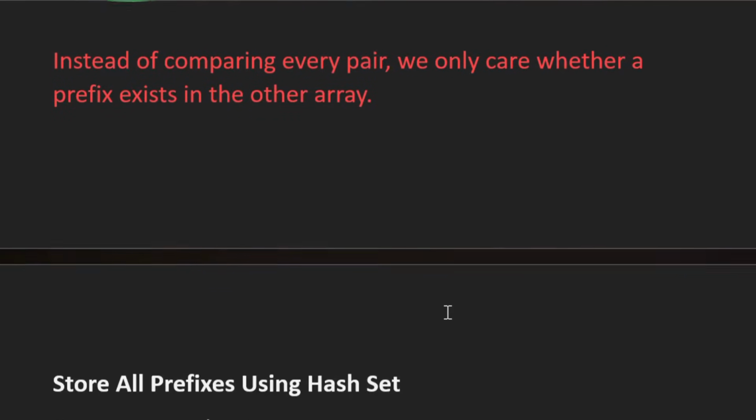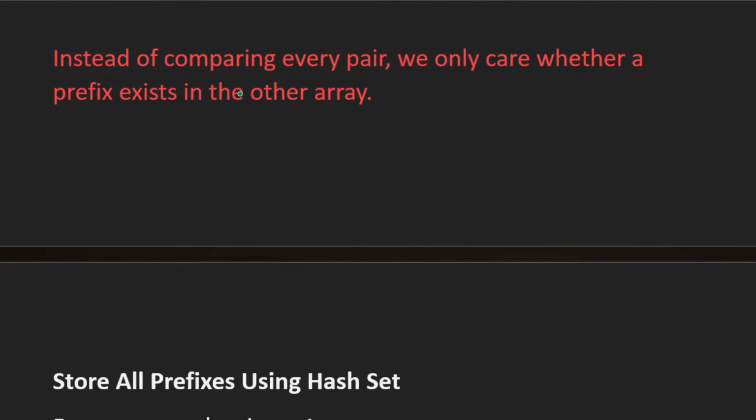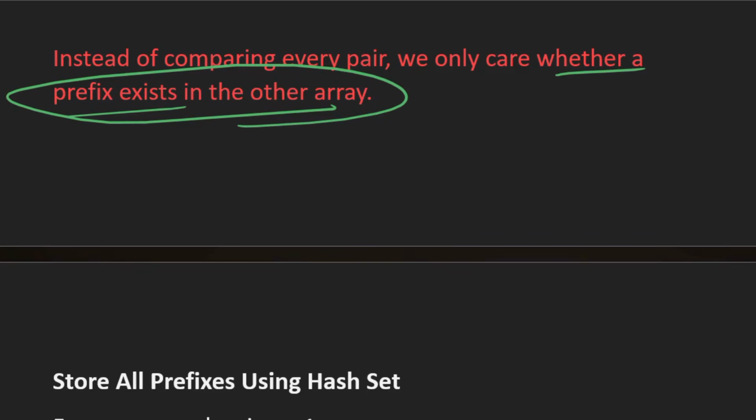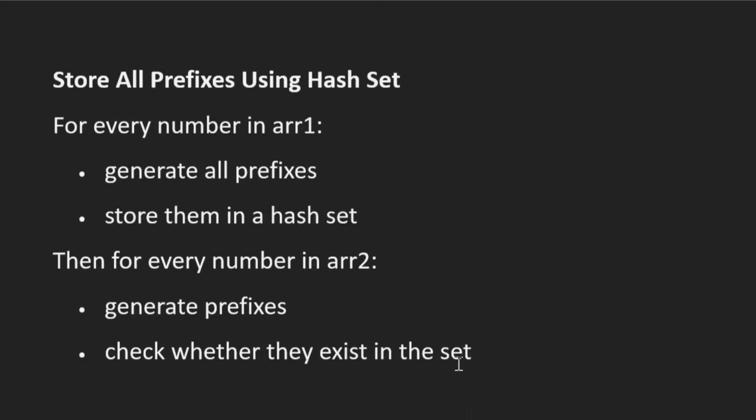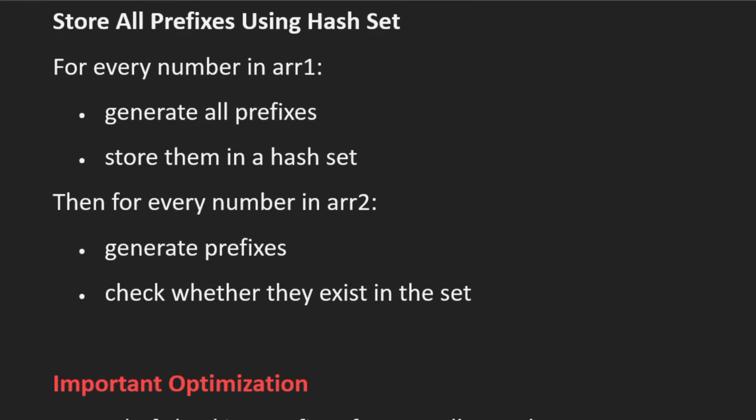So in the brute force approach we are comparing every pair. Instead of comparing every pair, what we need to check is whether a prefix exists in the other array or not. That is what we want to check. So what we'll do is store all the prefixes using a hash set.